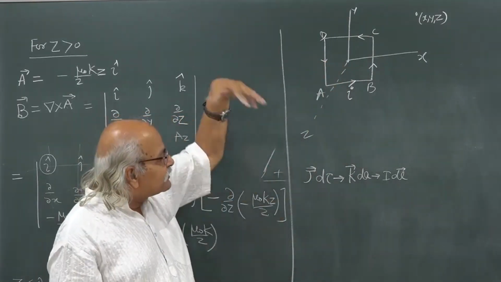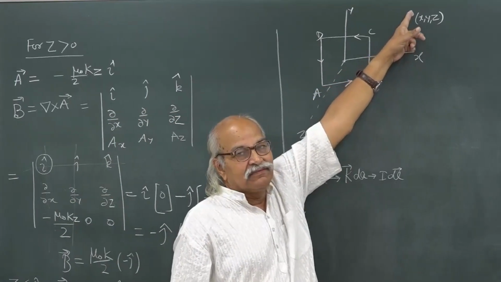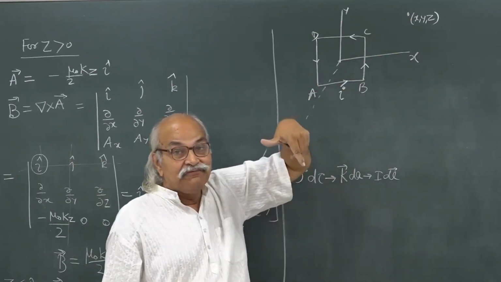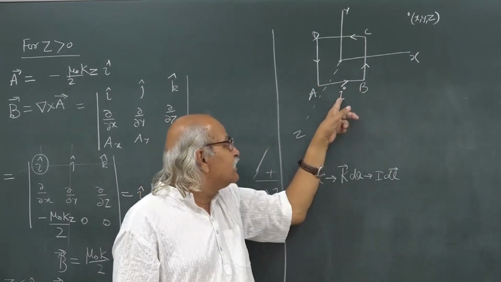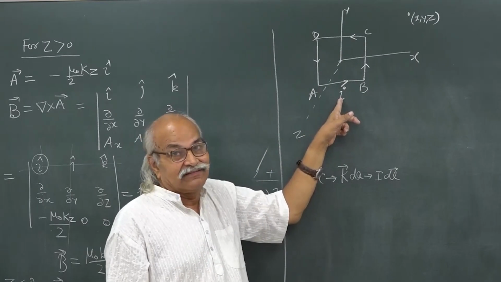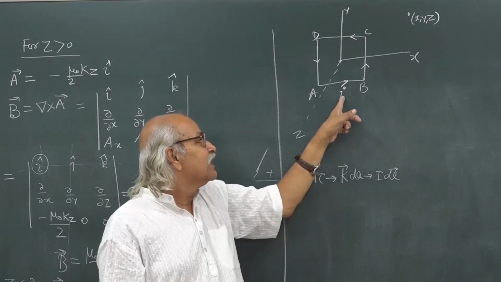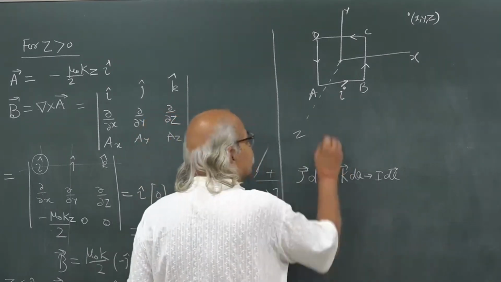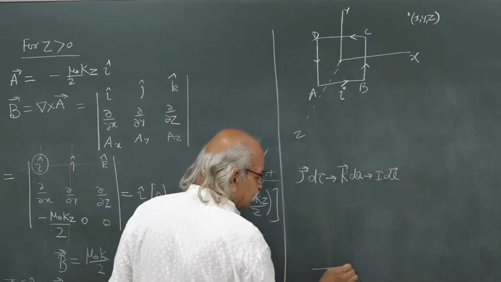So, to get this vector potential at this point here, what will we do? We will mentally assume that this I represents a linear charge density. And then if I look at this AB, let us draw the diagram again. This is AB.